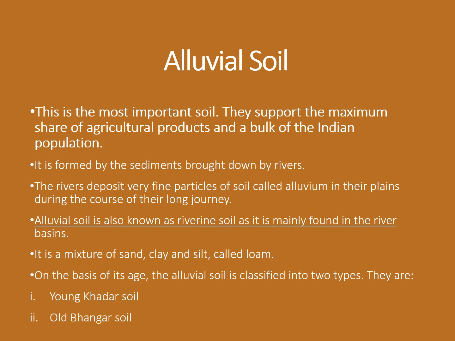These soils are also predominant in coastal plains and deltas, particularly in the deltas of the Mahanadi, the Godavari, the Krishna and the Kaveri rivers. On the basis of its age, the alluvial soil is of two types. They are the young Khadar soil and old Bhangar soil.